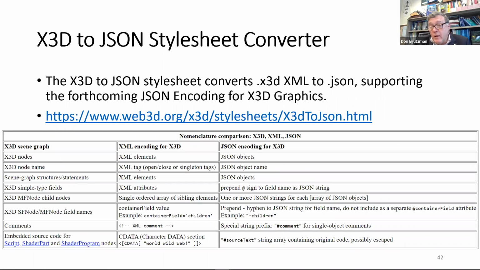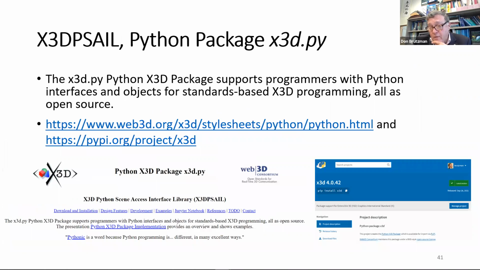Okay, we've done a lot of work on JSON. It's not formalized yet. We've been waiting on the JSON schema to get locked in over at Internet Engineering Task Force, but that now appears to be at a pretty high level of maturity. John Carlson, Coder Extreme, is our main man there, and he's got an updated JSON schema that he is auto-generating using the Python package x3d.py.